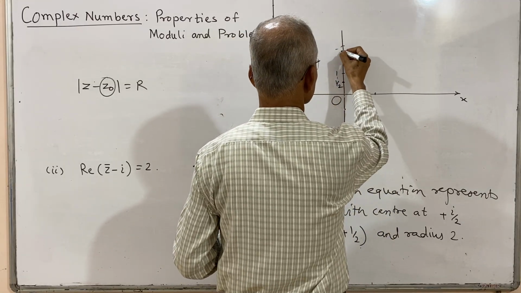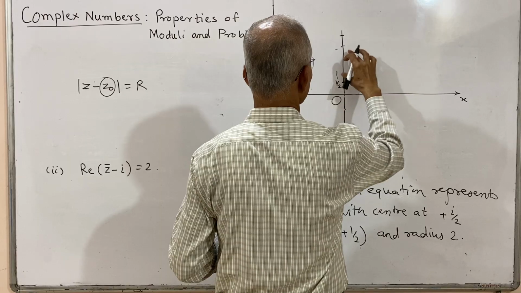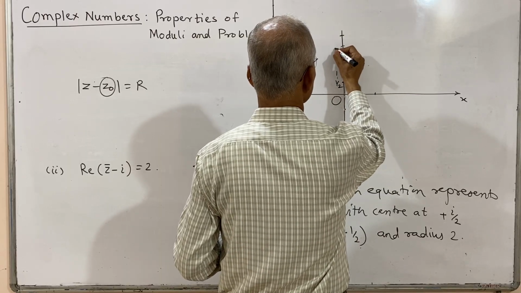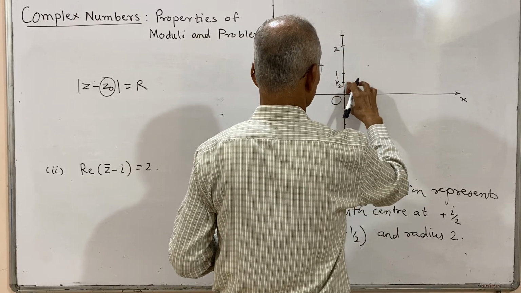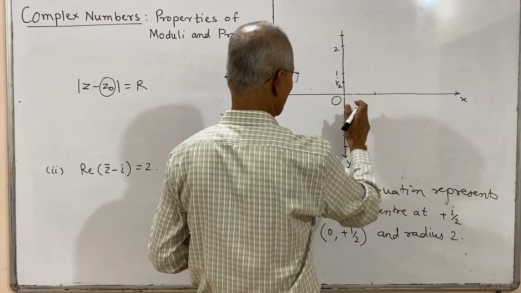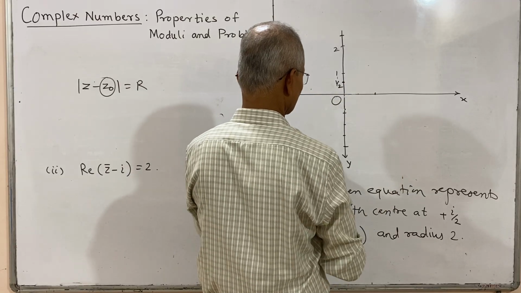So this much is the radius, 2 units. This will be 2, and then this is 1 unit and half unit.